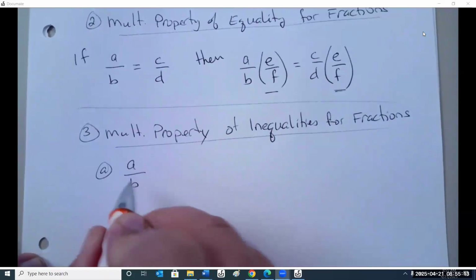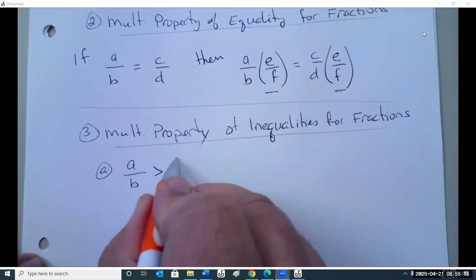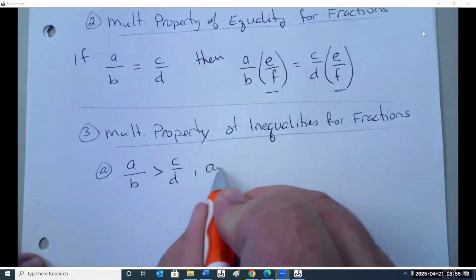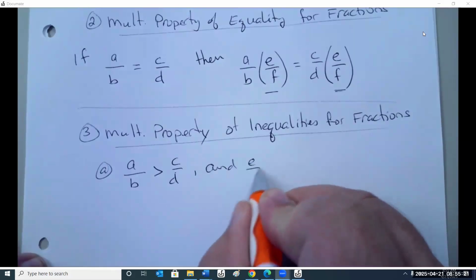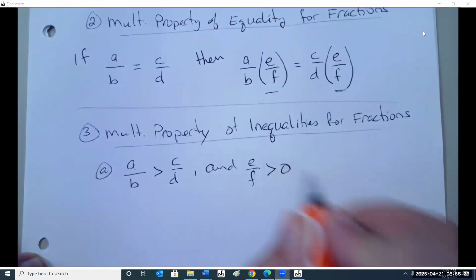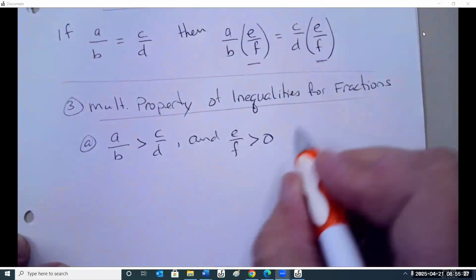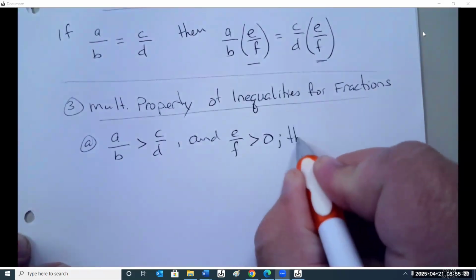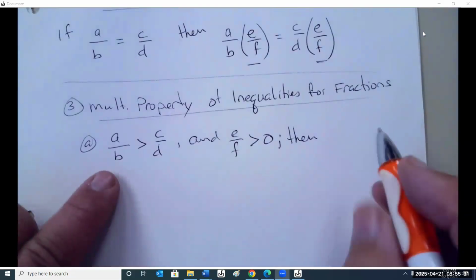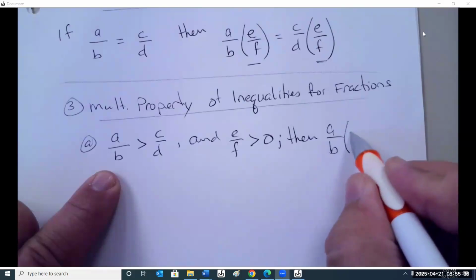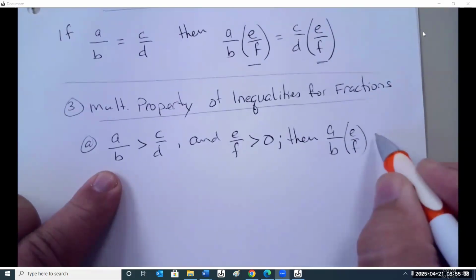If A over B is bigger than C over D, and E over F is positive, then if I multiply E over F to both sides, I keep my inequality.